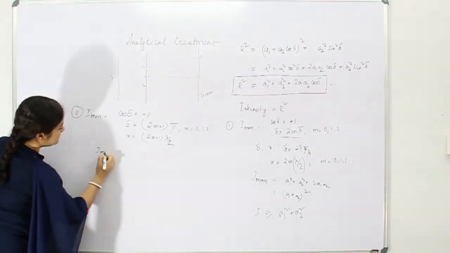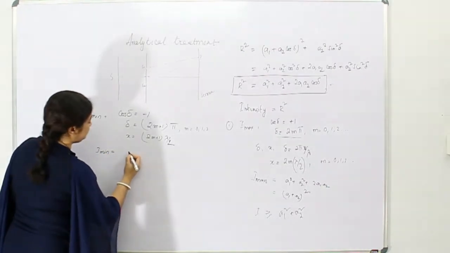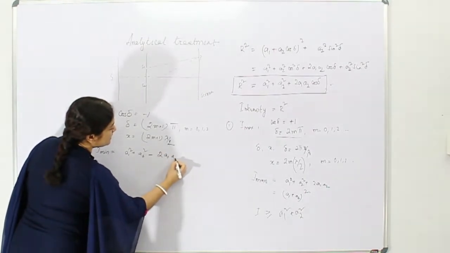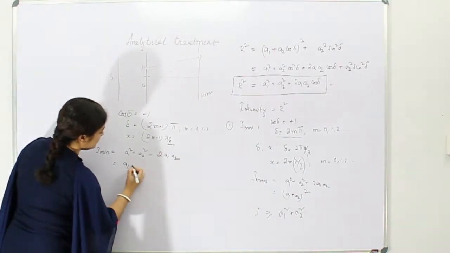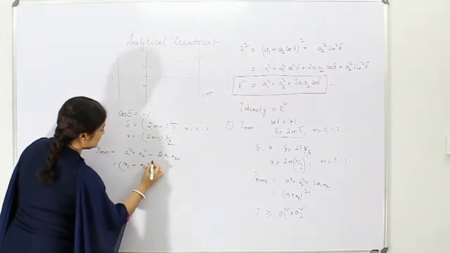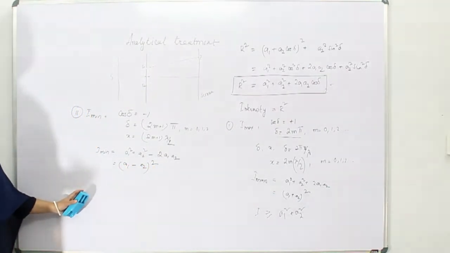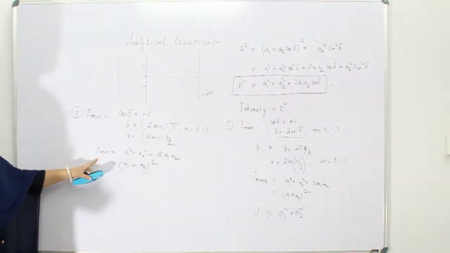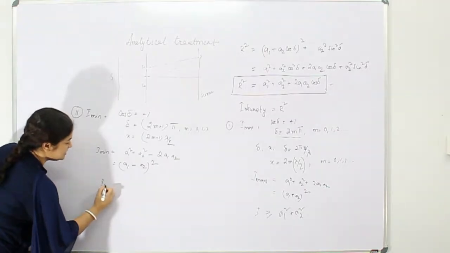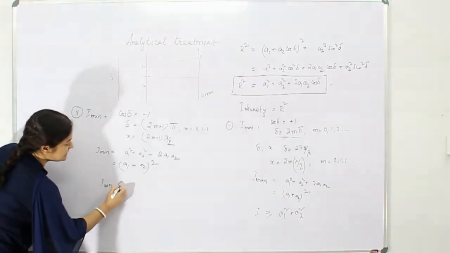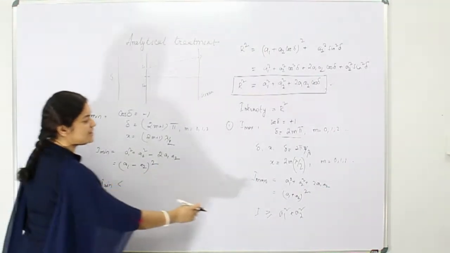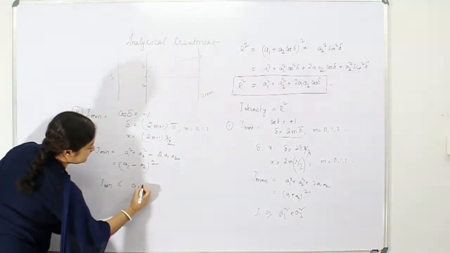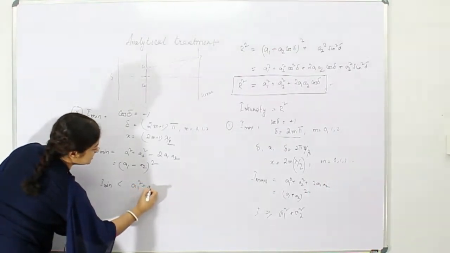Now I min will be equal to what? a1 square plus a2 square minus 2a1 a2, that is equal to a1 minus a2 whole square. Again we see that the minimum intensity is less than the sum of the individual intensities, that is a1 square plus a2 square.